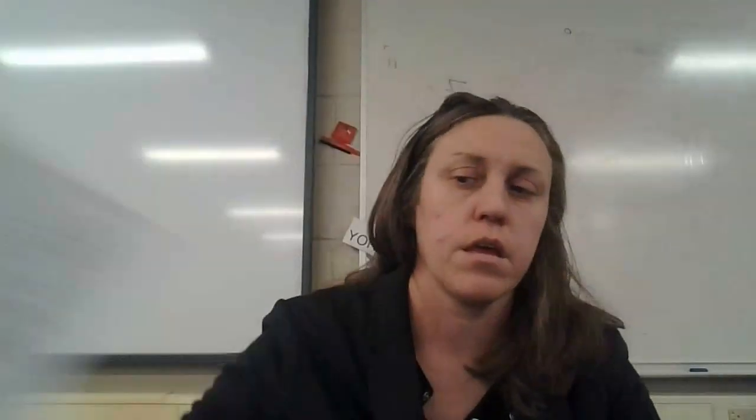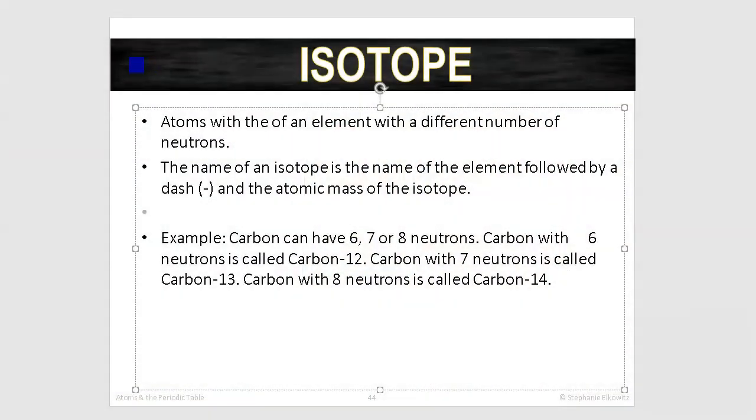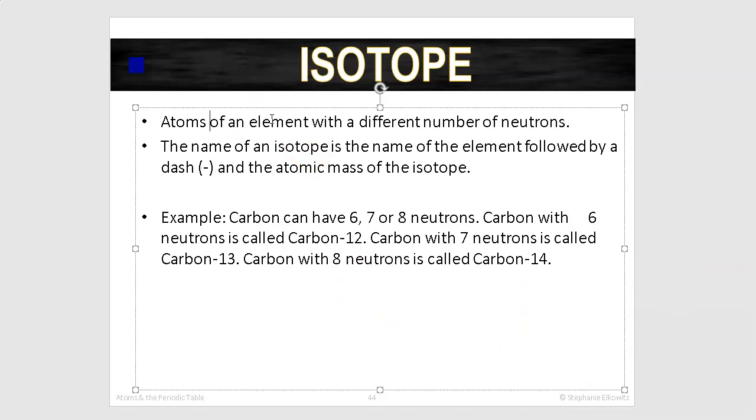An isotope is an atom of an element with a different number of neutrons.